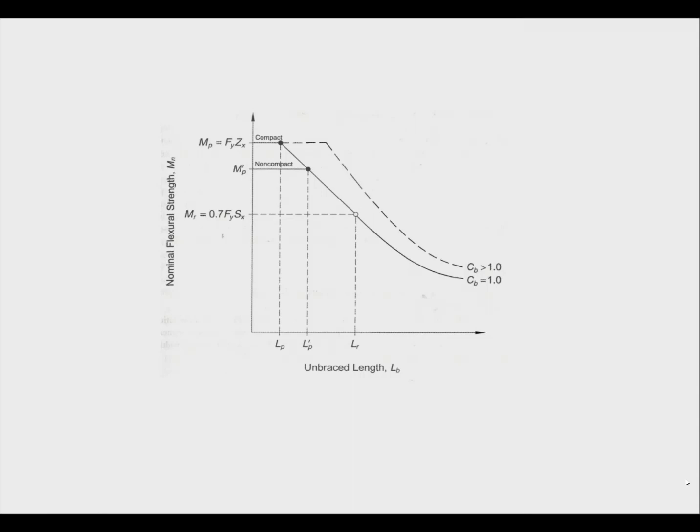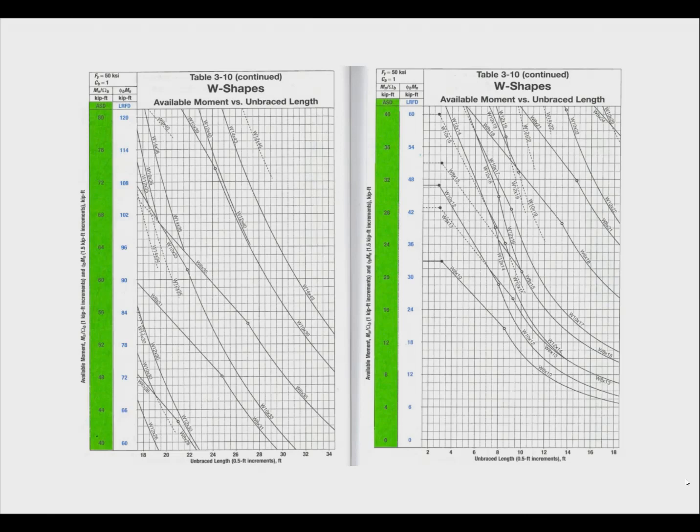But under some special circumstances, the manual also has charts such as this that give the bending strength, specifically when we use a type of steel for which the yield stress is 50 ksi, and we use this factor CB equals 1. Under these circumstances, we can use these charts instead of certain more complex design equations.